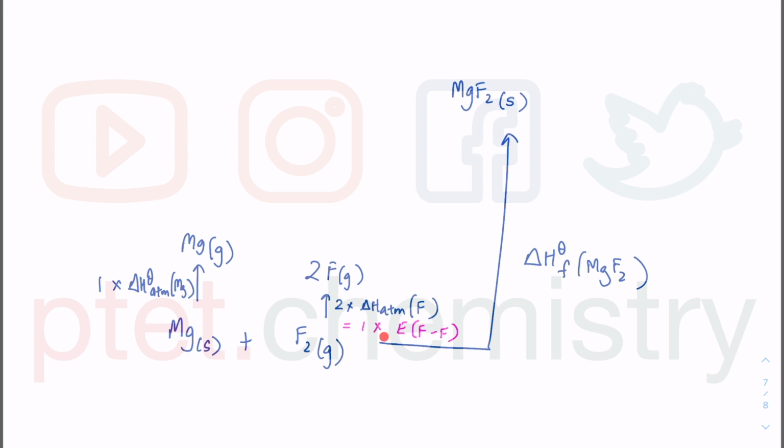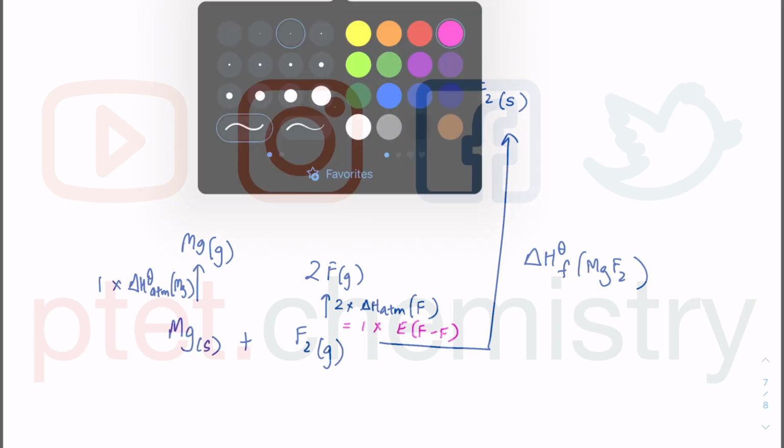This is equal to forming 2 moles of gaseous atoms from the element in its standard state. So these two relationships are the ones that a lot of students couldn't get. They keep trying to think about why the question is not giving us the atomization of fluorine, because you're supposed to relate it to the bond energy of fluorine as given in the data booklet. Perhaps I should use the same color just to avoid confusion.